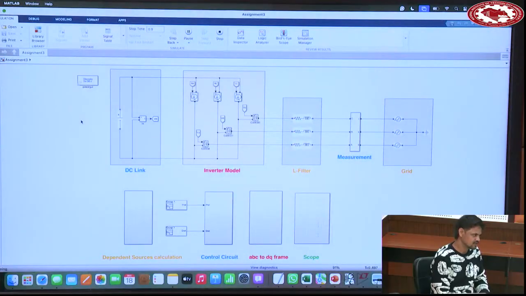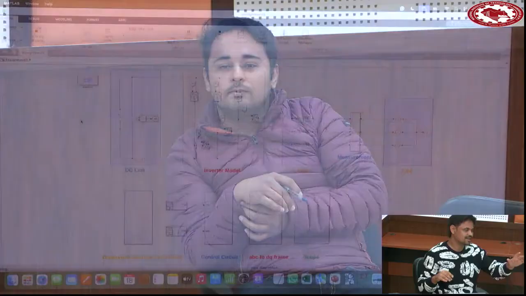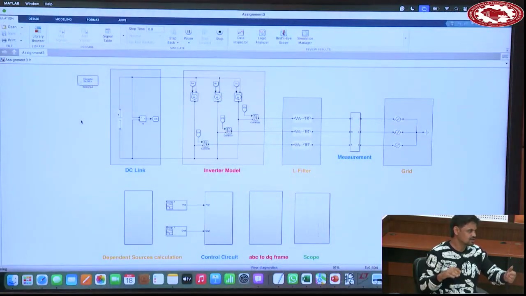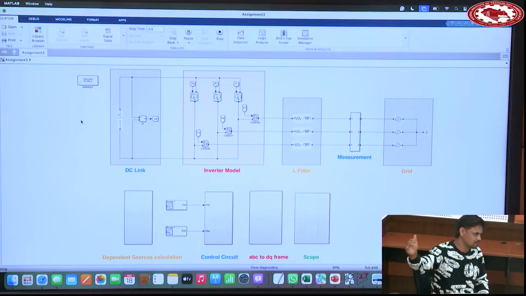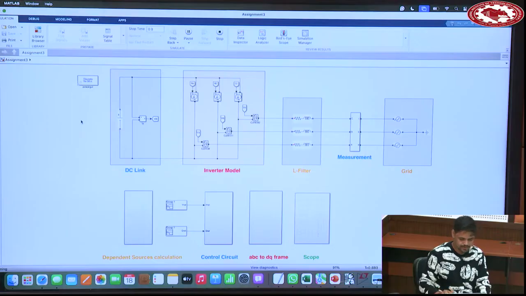It is generally there, but if you know that the current is not going to cross the limit of your device, then it is not needed. Generally when people are doing hit and trial for tuning, the current goes very high, then they put saturation. But it's not only like that. In real hardware applications also you put a limiter, so that it respects the rating of the device, because power semiconductor devices are limited by the current rating. So that's why. But it is recommended to use anti-windup. Yeah, it is recommended.